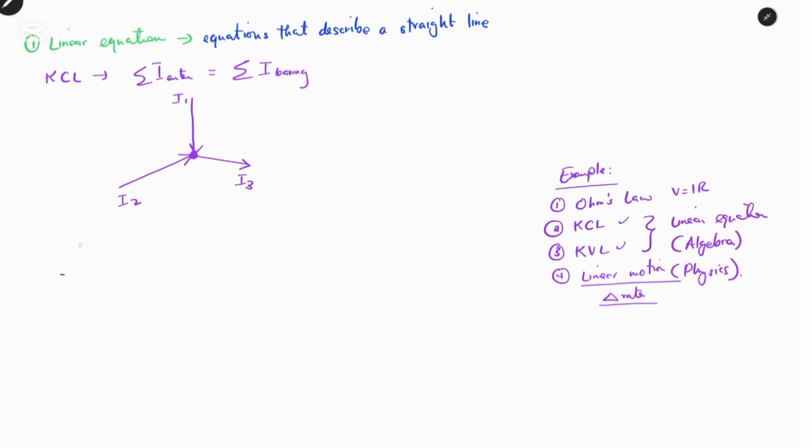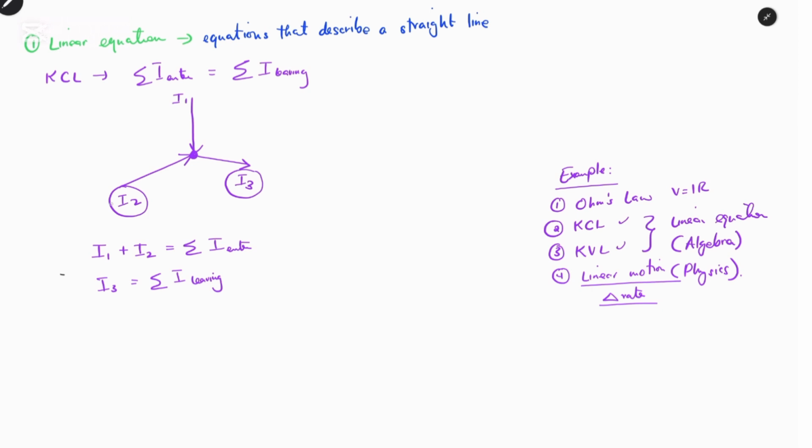Given that we measure I2 and I3 using a multimeter, the equation states that I1 plus I2, which is the sum of current entering, is equal to I3, the sum of the current leaving this junction.